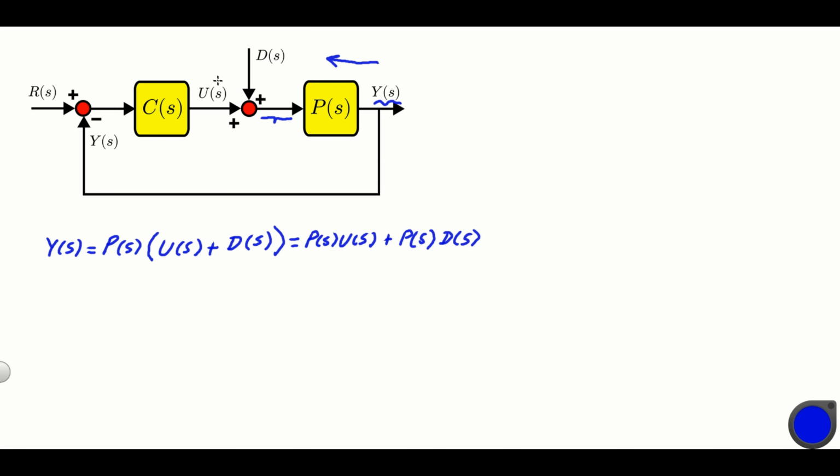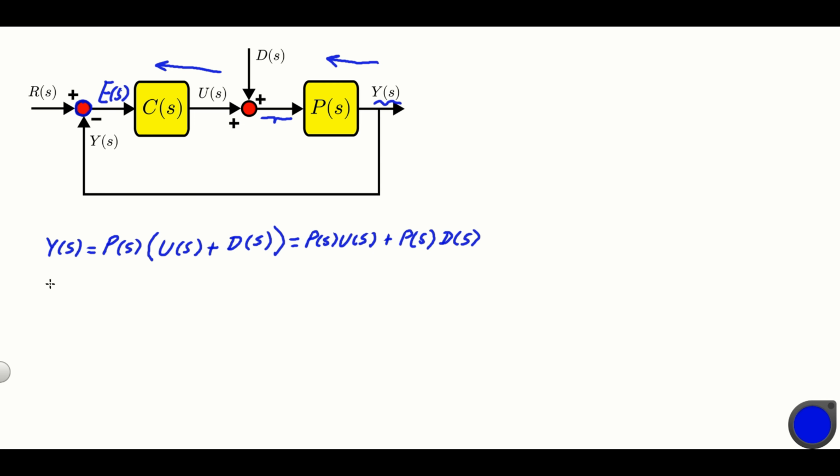Next, let's see what is U of S. Remember that we are proceeding backward. From here, we have that U of S is C of S multiplying R of S minus Y of S. In fact, this signal over here that exits from this summation block is error in the complex Laplace domain.